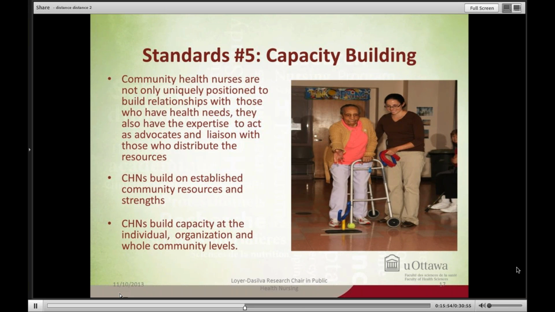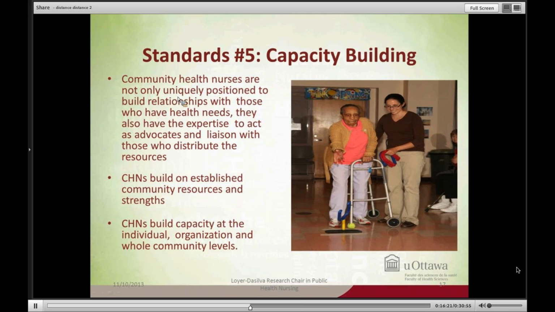But we as nurses are kind of the link, because we know the community, but we also have the networks that place us in different committees where the community voices might not necessarily be heard, and we can advocate for those voices to be heard.